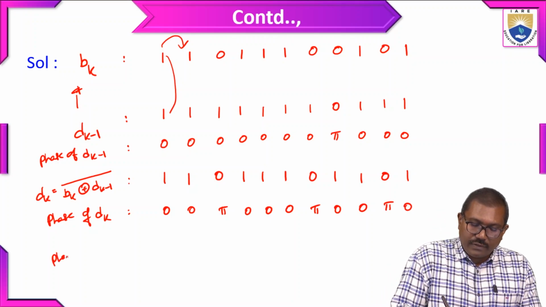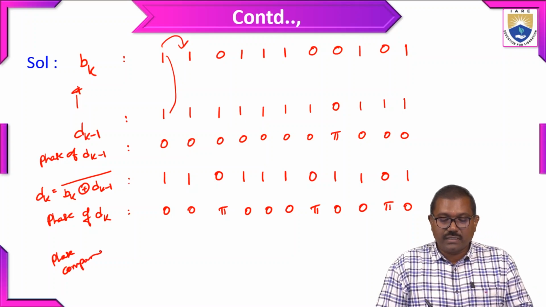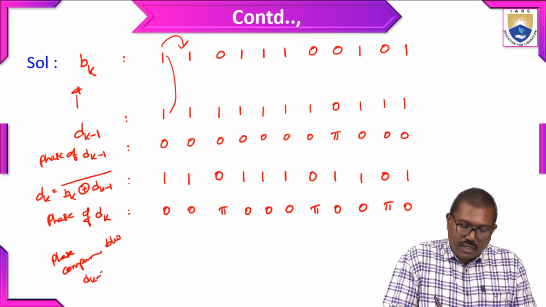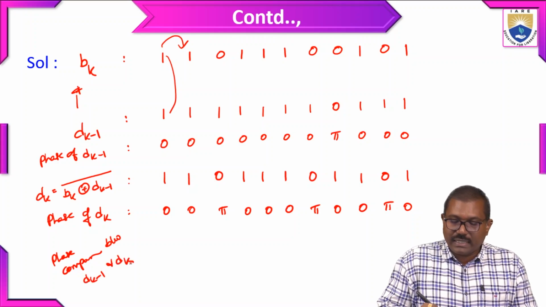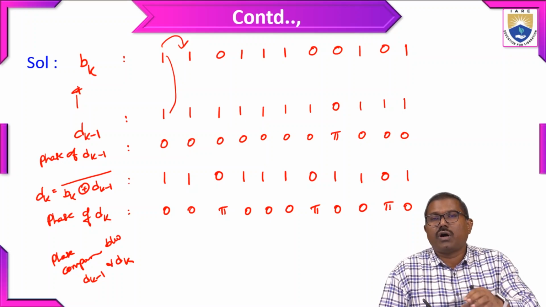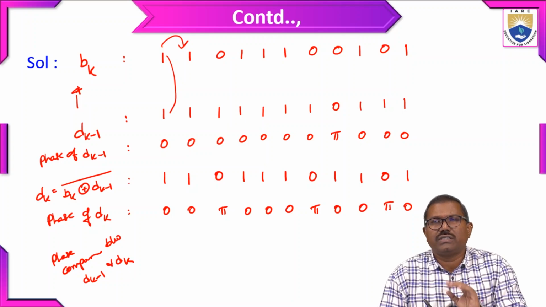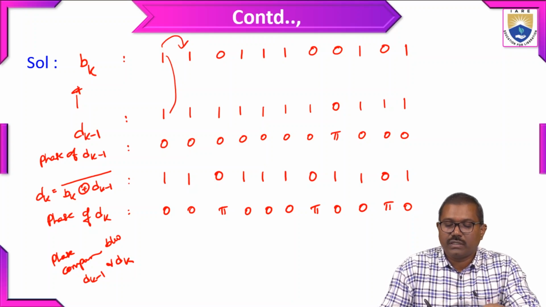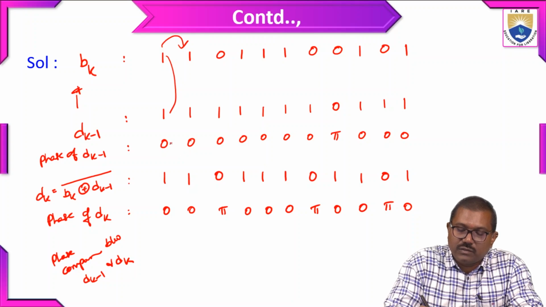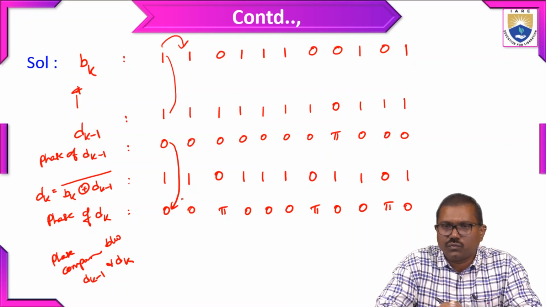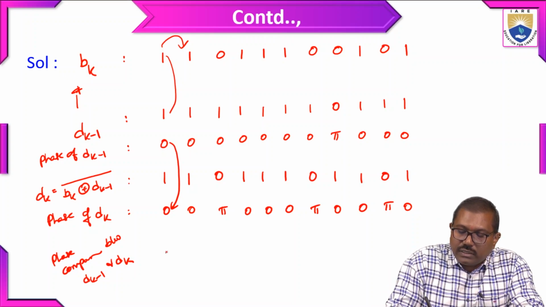Now phase comparison between d(k-1) and d(k). After comparing these two, we get the original bit sequence once again. Here the phases are 0, 0. Is there any phase change? No. No phase change gives 1.